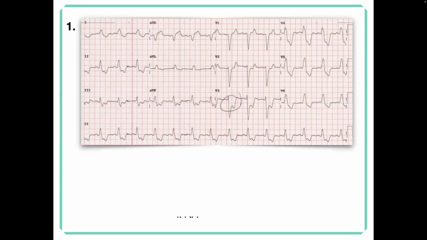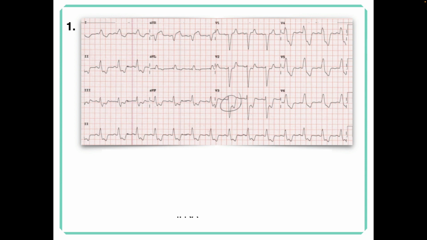Okay, so let's do some here. Number 1. V3, Sgarbossa B, there is a downy.